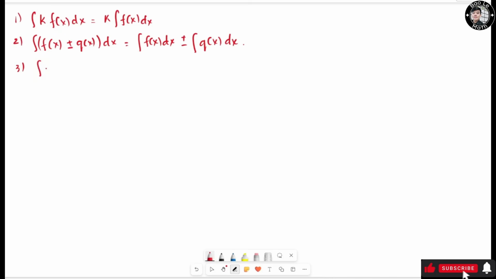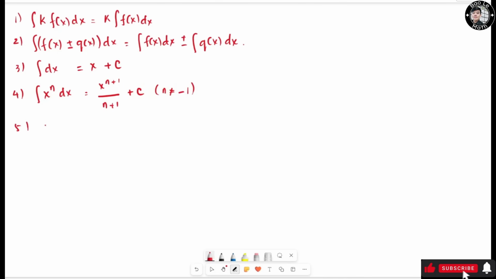Number 3. If you have the antiderivative of dx only, it turns out to be x plus a constant c. Number 4. If you have the antiderivative of x to the n dx, it's going to be x to the n plus 1 over n plus 1, plus c. Note that n must not be equal to negative 1.